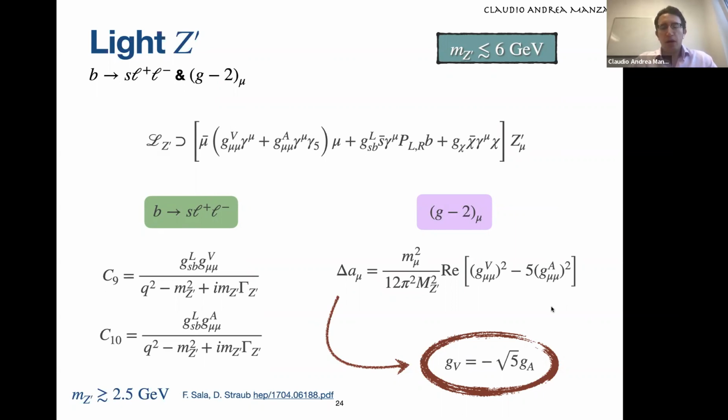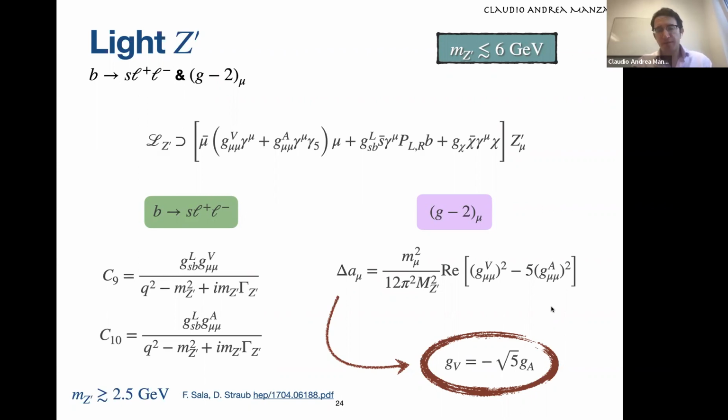Now, let's stop here for a moment and look at this result, because the interpretation of the G-2 data is quite tricky in this context, because we are not really interested in explaining it. But you also don't want to overshoot it or undershoot it, because it would mean that you need additional new physics to explain this data.